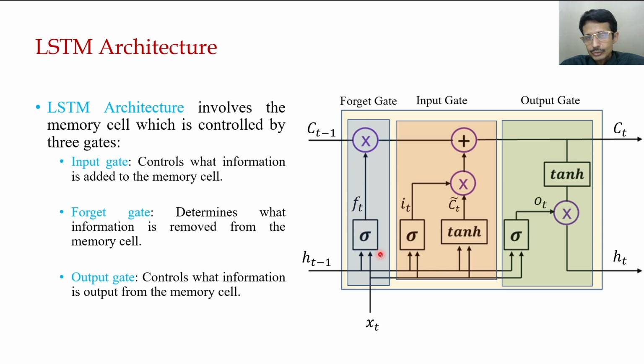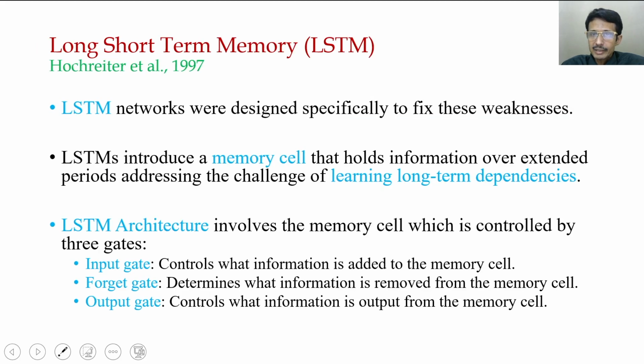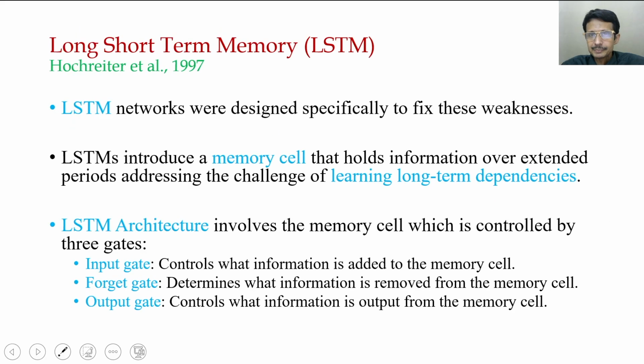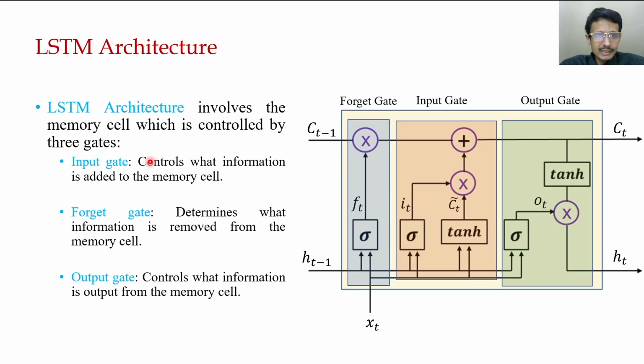We have this figure. Actually, this is 1 unit or 1 node of the LSTM that has replaced the very naive architecture. Now as we see here, there are 3 gates, and these 3 gates control this memory cell.